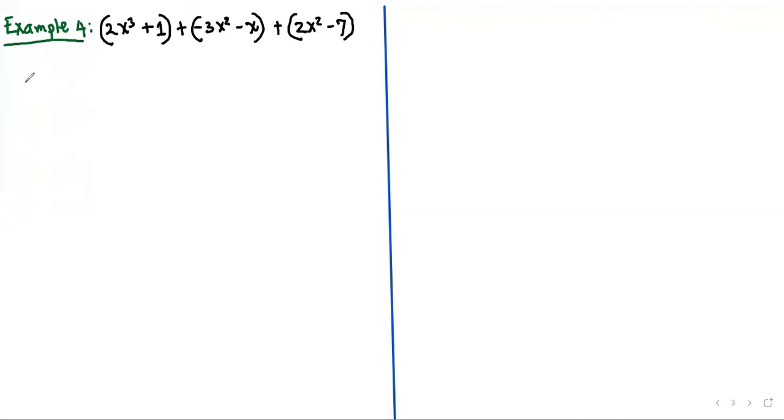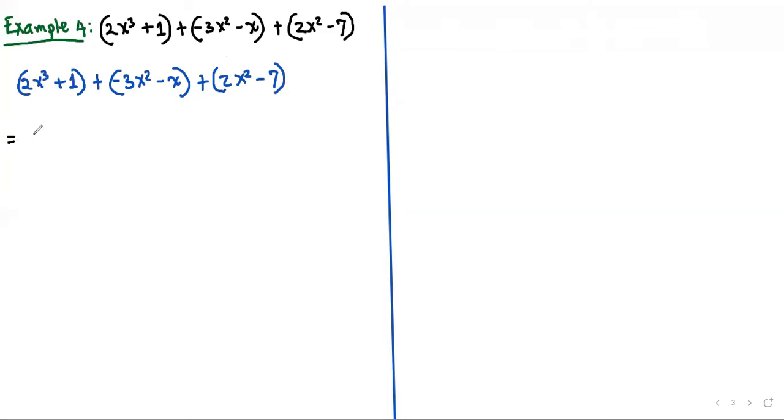So let us rewrite it. We have it as 2x cubed plus 1 plus negative 3x squared minus x plus 2x squared minus 7. Okay. Now let's put them together.